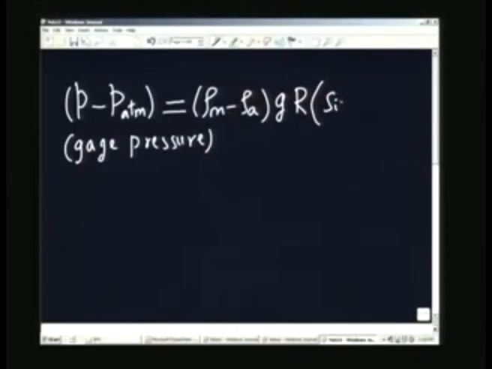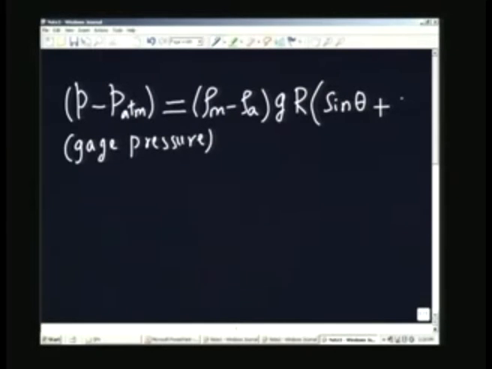One is because of the height which is measured, which is actually r times sin theta. So, I will put the sin theta here, plus the depression of the level within the well, which is calculated based on the incompressibility assumption. Sin theta will not come there. Therefore, this will be simply the area ratio here.